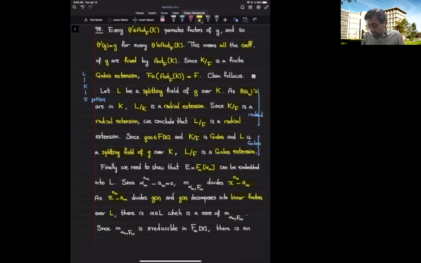Now, this minimal binomial of alpha sub m over f sub m divides this binomial. That means this one needs to have a 0 inside L. So I can find some alpha inside L that is a 0 of this binomial.